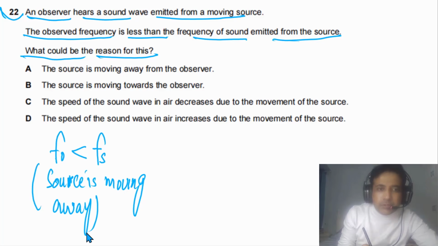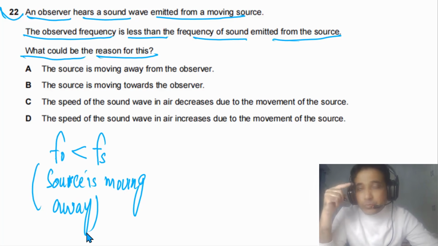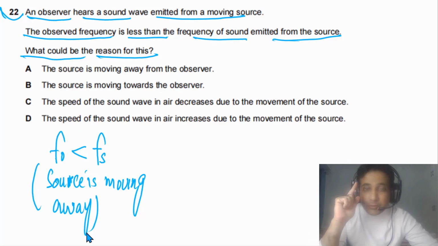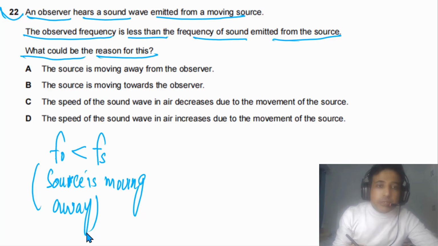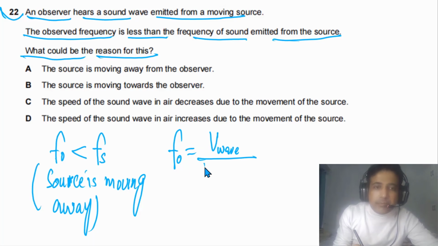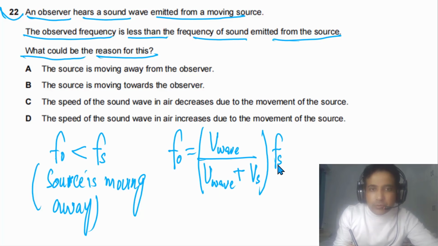If observed frequency is lower than frequency produced by the source, it means source is moving away if observer is at rest. So in this case, we assume that observer is at rest, and observed frequency, you can simply calculate: speed of the wave divided by speed of the wave plus speed of the moving source, times frequency of the sound produced by source if the source is moving away.